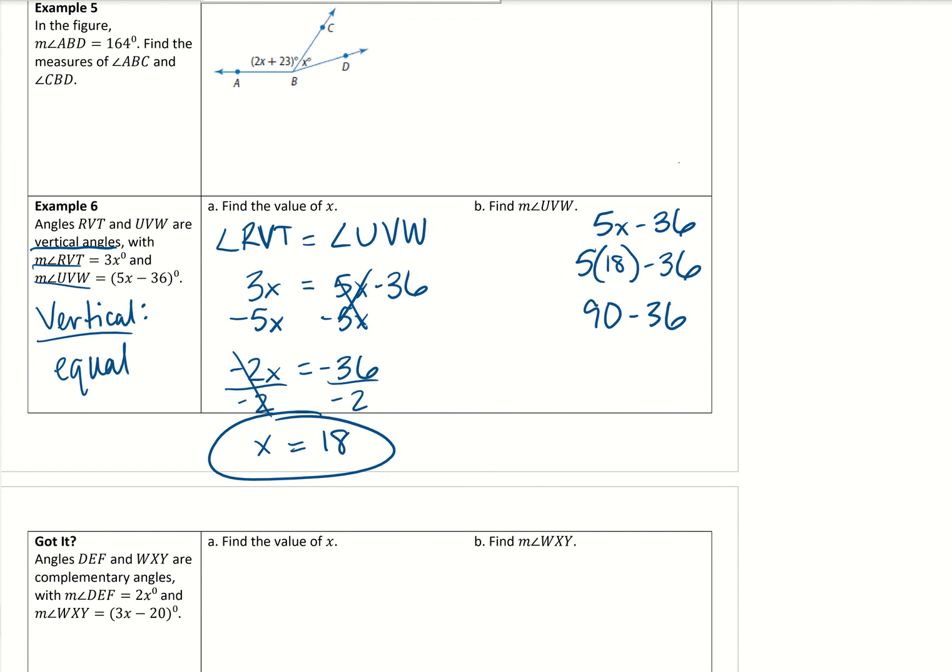Then we subtract our 36. 90 minus 36 would be 54 degrees. So the measure of angle UVW is 54 degrees, and that's it for example 6.